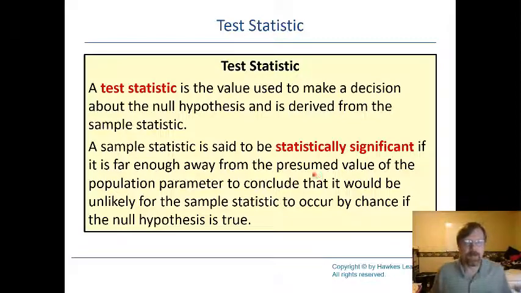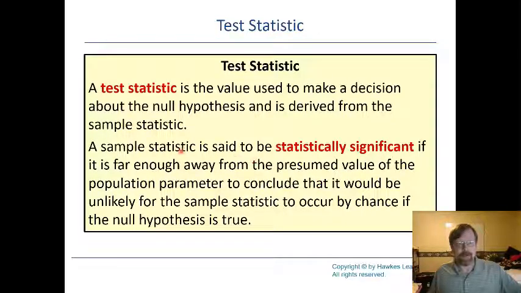So the sample statistic, for example, in one of the population proportion examples, the only one that comes to mind right off the top of my head is the one about presidential approval ratings. So our presumed value was 56% or 0.56, right?